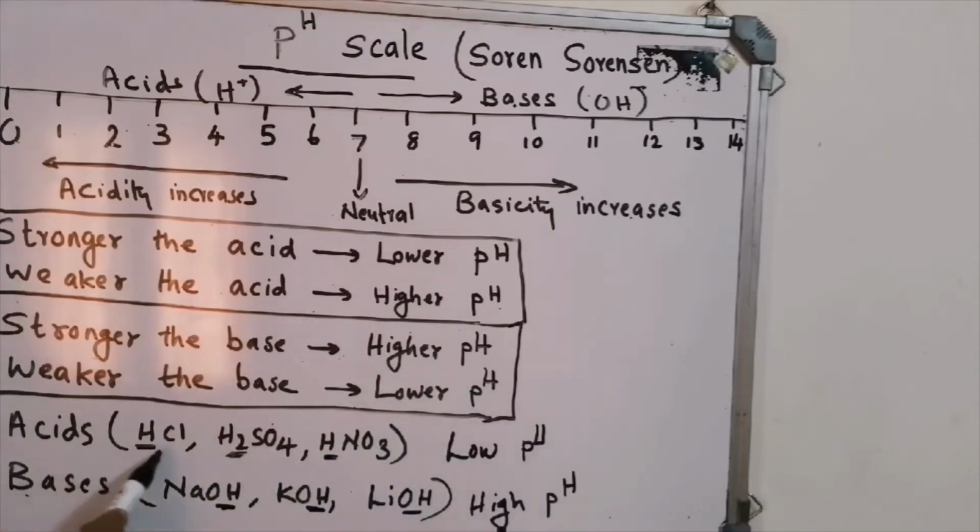Acids such as hydrochloric acid, sulfuric acid and nitric acid, these H plus ions make them acidic and they have low pH, like pH of 1, 1.2. And bases such as sodium hydroxide, potassium hydroxide and lithium hydroxide, these OH minus ions make them basic and they have higher pH of 13 to 14.